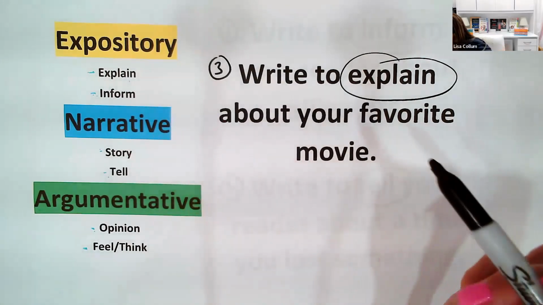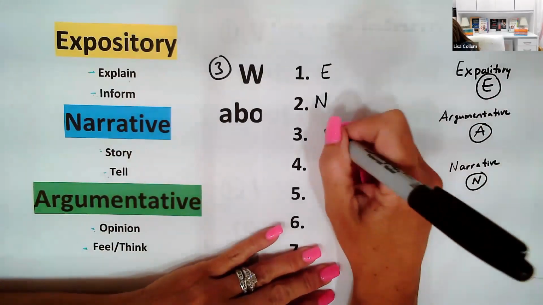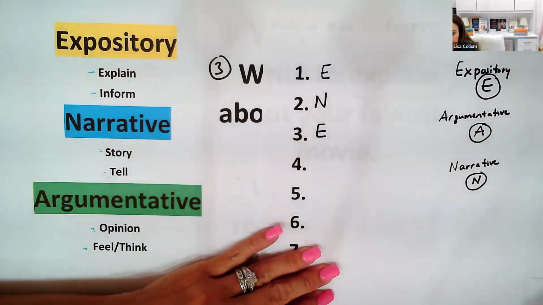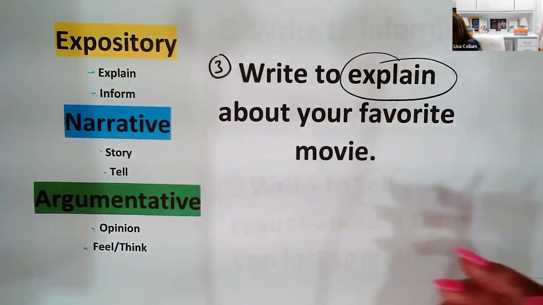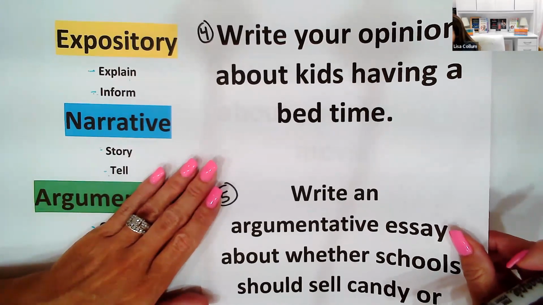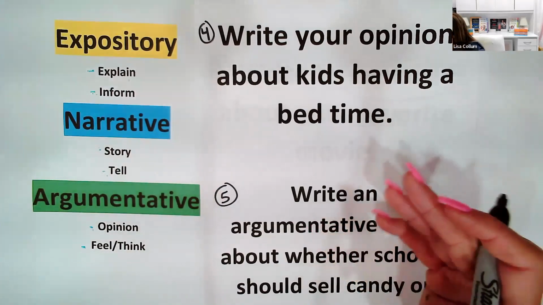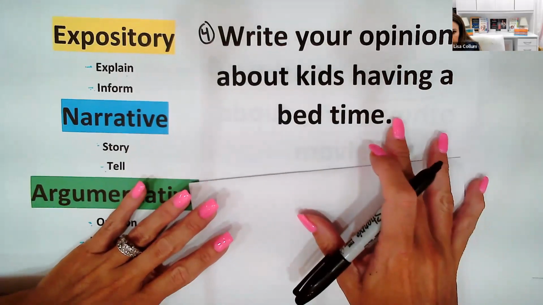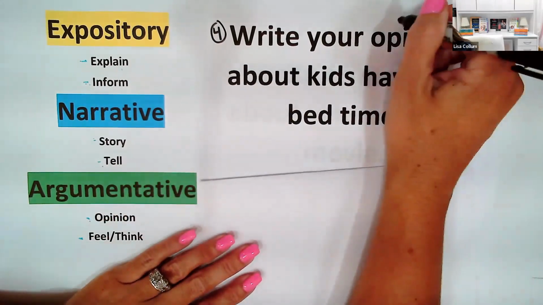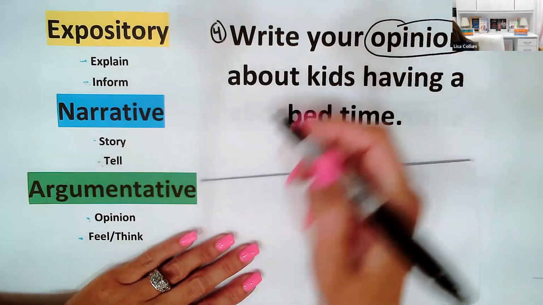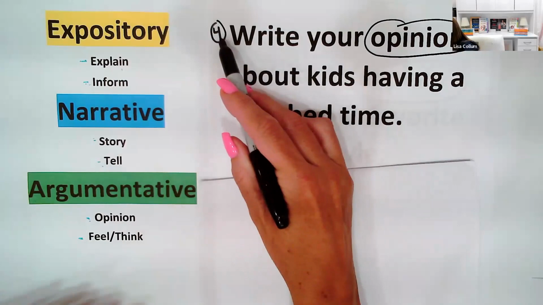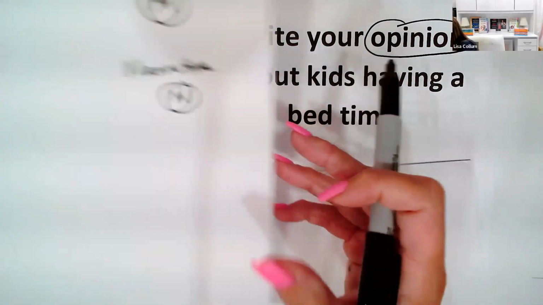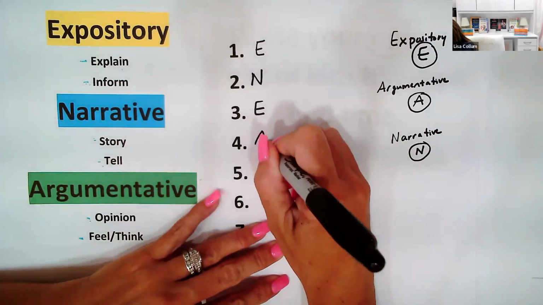So for number 3, you should have written an E. Number 4, write your opinion about kids having a bedtime. The key word is opinion. If you look here, opinion means it's argumentative, which is A. So for number 4, you should have an A.